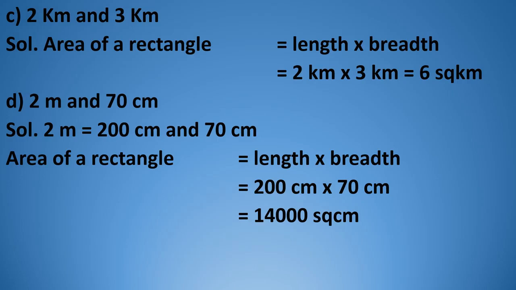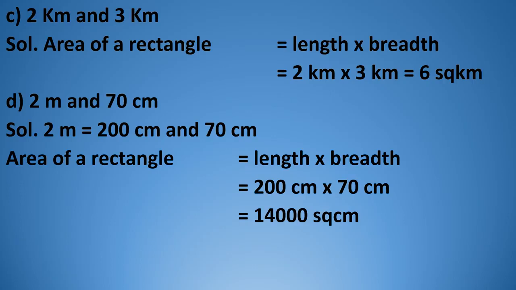So 2 meter equal to 200 centimeter and 70 centimeter remain 70 centimeter, because we have to use two same units. Length and breadth must be in same units. So area of a rectangle is now 200 centimeter multiplied by 70 centimeter, which is equal to 14,000 square centimeter.